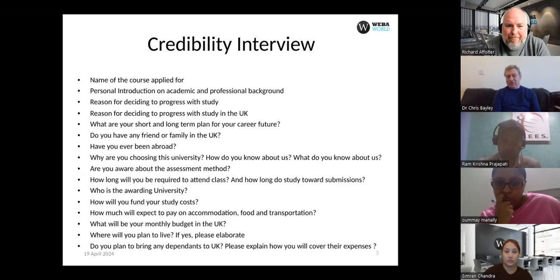Then an important question is, what are their short and long-term plans for their career future? So importantly here, students shouldn't say they want to have the ability to stay in the UK and work in the UK, because the most important thing is to prove the links with their home country, as you know.